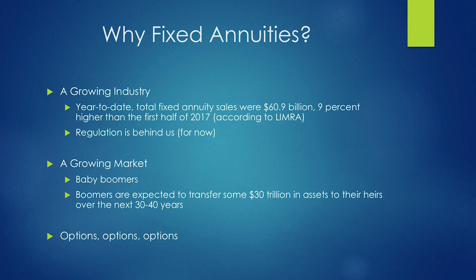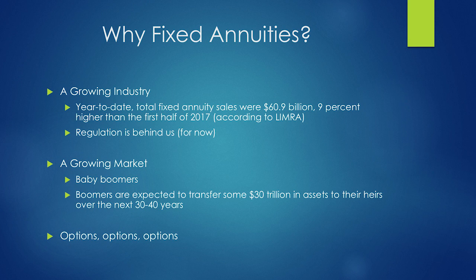Yeah, and there's a growing market. Right now the baby boom generation is getting to retirement age. And what happened about 30 years ago was that our parents or grandparents generally got pensions. Their employer would set up an account, they'd retire, they'd get a certain amount each month.